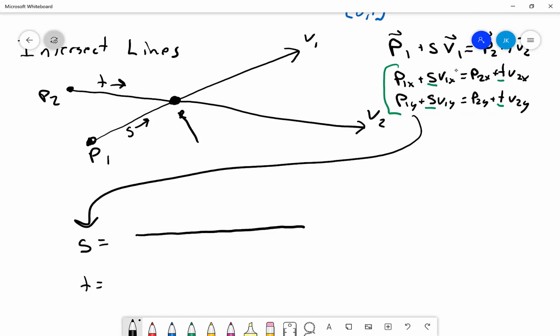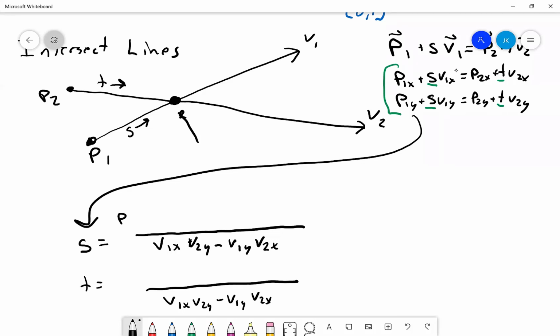But down here in the bottom, let me show you the form of this: v1x, v2y, v1y, v2x is going to be in the denominator. That's going to be true of both of these. Okay, and the numerators are going to be more complicated.